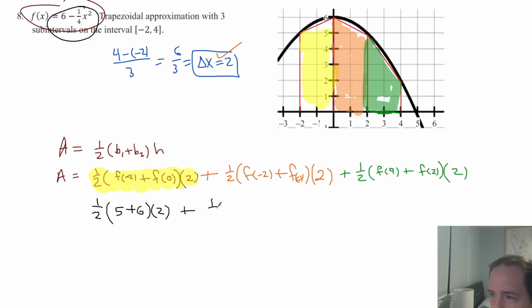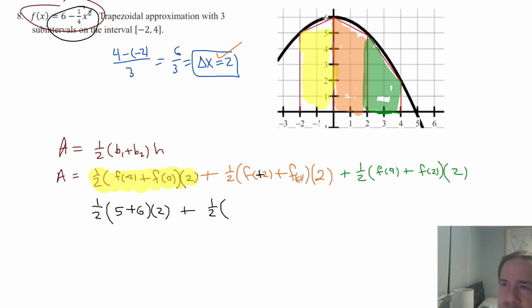Now next, this time we want, I guess I said -2, I meant +2 here. But f of positive 2, it should be the mirror image of what we got at negative 2. Negative 2 is giving 5, so let's see if positive 2 is giving 5, like I think it is.